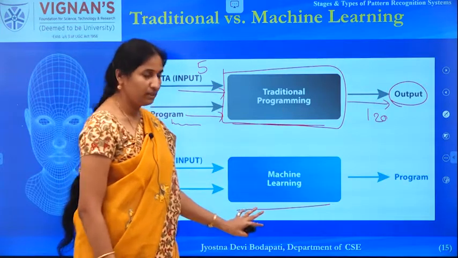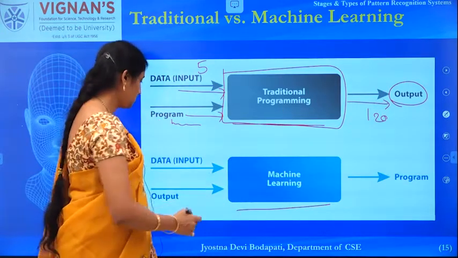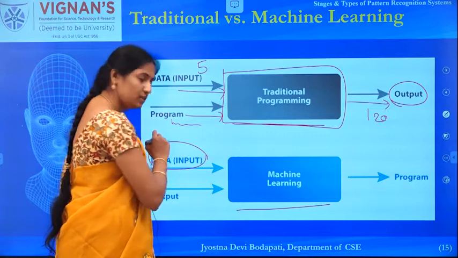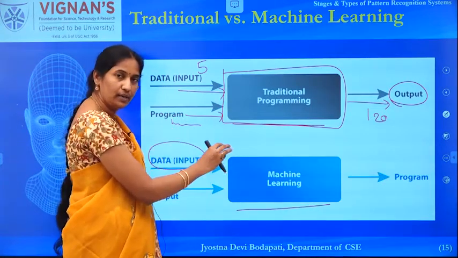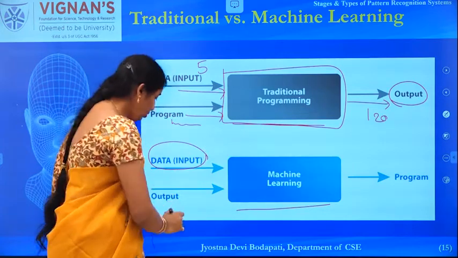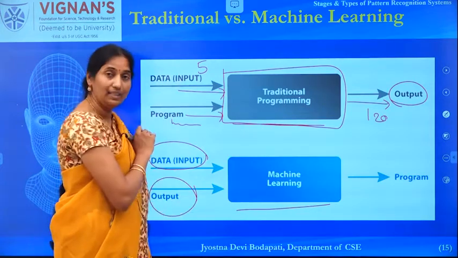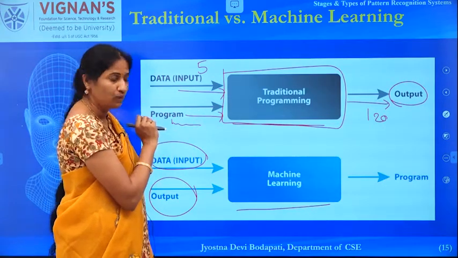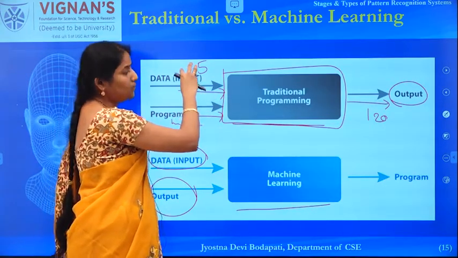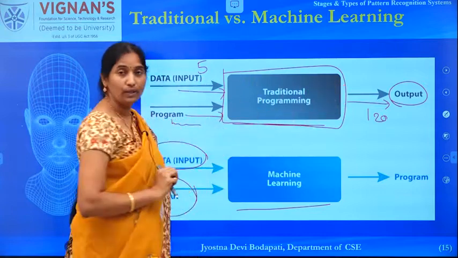But when it comes to machine learning, the way it works is, the data is the input, that is, you are providing some set of data as input to your program or the machine, and in addition to that you are providing the output also. So try to observe the difference between these two. In this case, you are providing the input and the machine is producing the output.